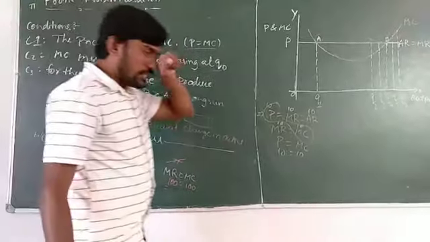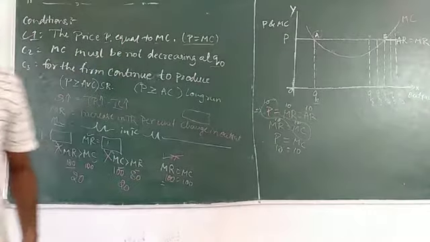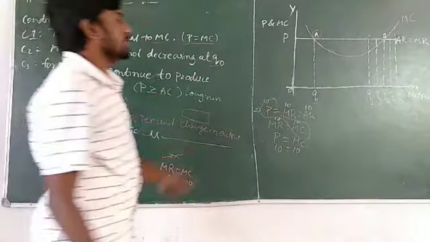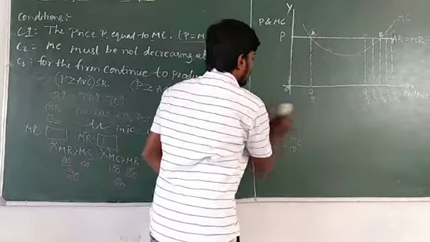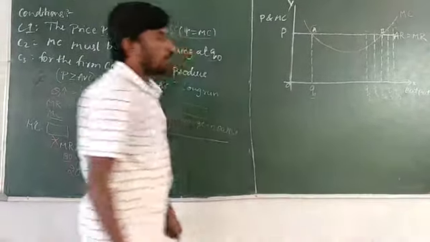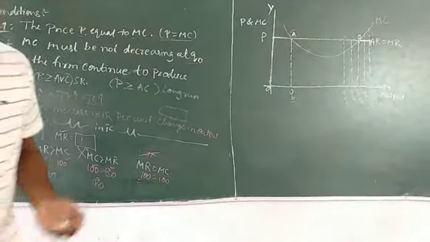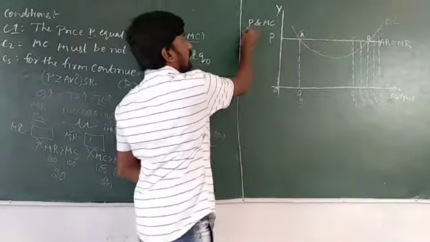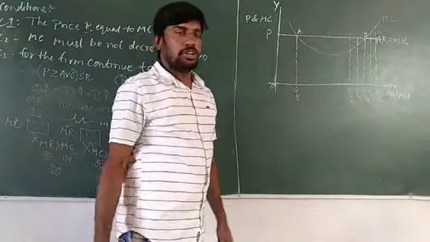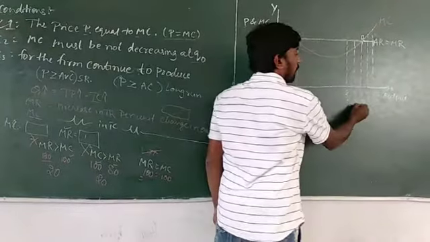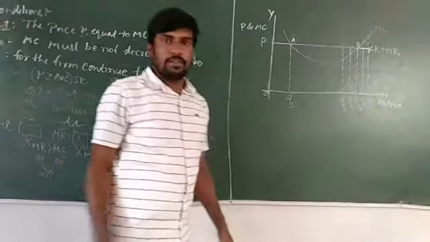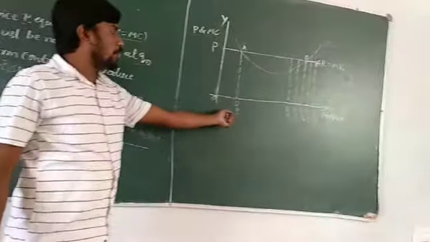So if you observe this diagram, here we have some quantity levels, some output levels. On the X axis, we present the output. On the Y axis, we present the price and the marginal cost. Here we have 6 different output levels. How many output levels do we have?